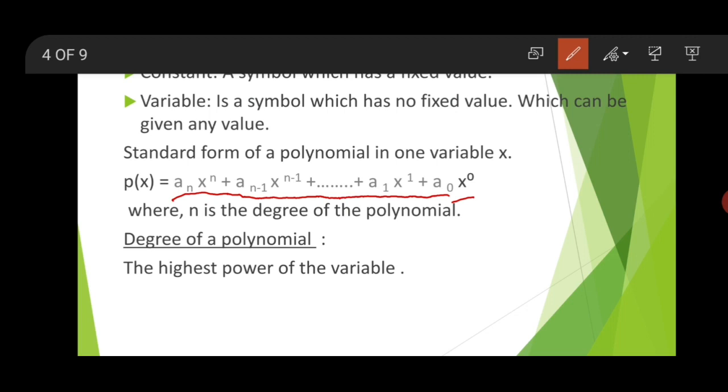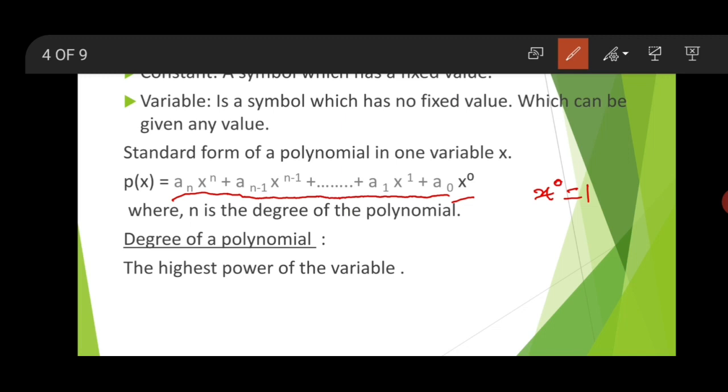Here, you need not write x power 0. It is not given in the textbook also. Why? Because the value of x power 0 is always 1. So a0 into 1 means a0 itself.